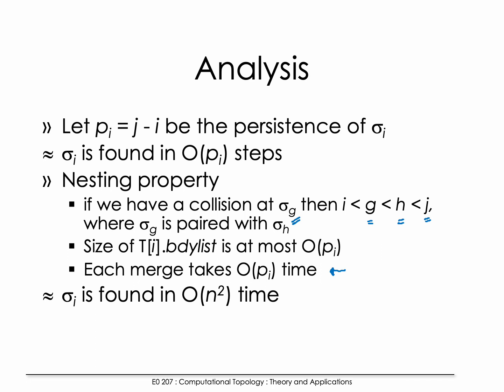So each collision takes O of n time for the merge, and we find sigma sub i in O of n steps, so totally O of n squared time. In order to find the pairs for all the simplices, the conservative estimate is O of n cubed. Right? So this cycle search algorithm has a running time of O of n cubed.